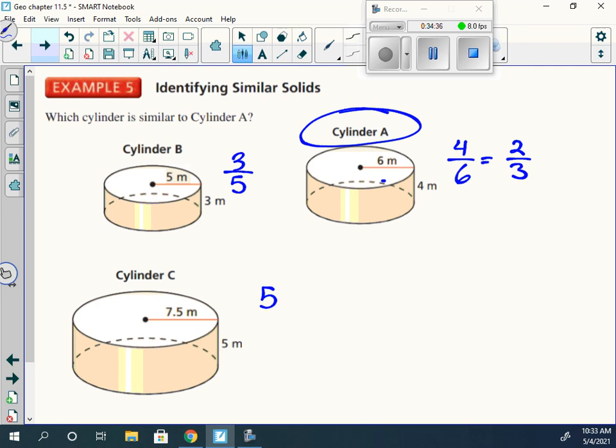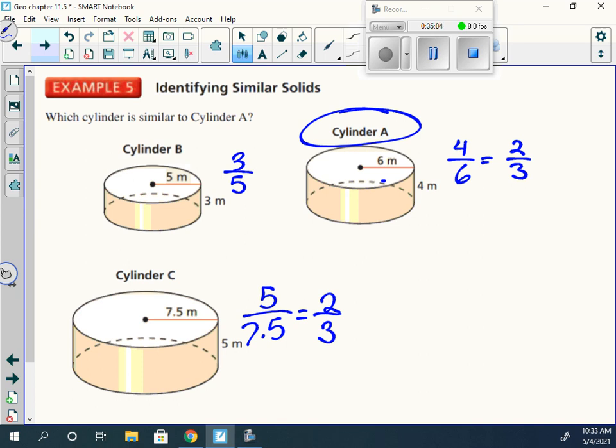Well, now we have 5 over 7.5. And I'll tell you that this does reduce, because what is 5 over 7.5? And most likely it'll give you a decimal. And if we hit those 2 arrows, it'll convert it back to a fraction, which is 2/3, and I think as a decimal it's 0.6 repeated.